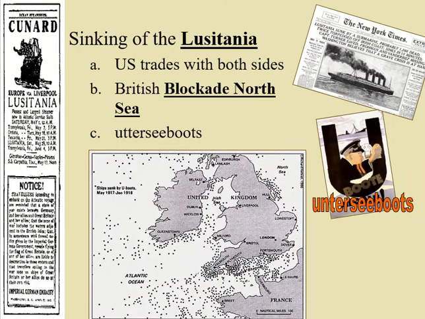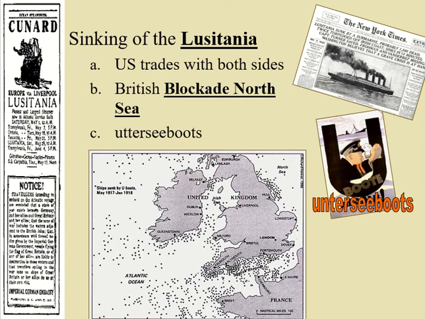Okay. All right. So our next topic here is the sinking of the Lusitania. This one you guys should be fairly familiar with. The Lusitania was a ship that was going to Europe. It had Americans on board, British on board, French on board, and it is sunk by a German U-boat. Now we're going to get into a reading in a little bit that will give us the idea of what's really going on with the Lusitania.